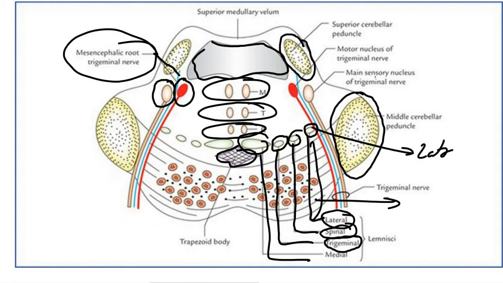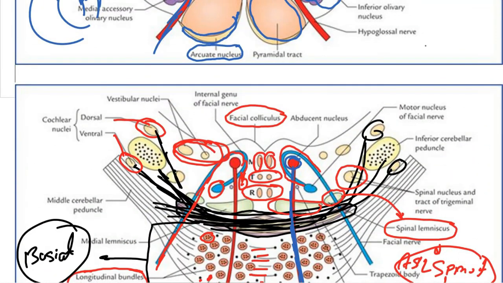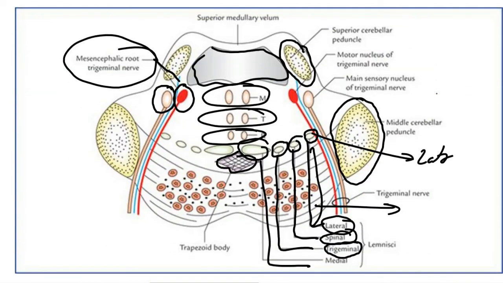I hope you remember that when I was telling you about the medulla, the upper part of the medulla contained the inferior cerebellar peduncle, which was also in the posterior part only. So remember that. And as you can see here also, this is your inferior cerebellar peduncle present posteriorly, or more precisely posterolaterally, because it is lateral only.